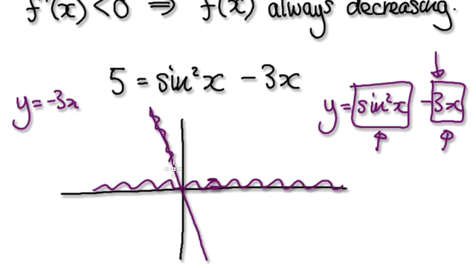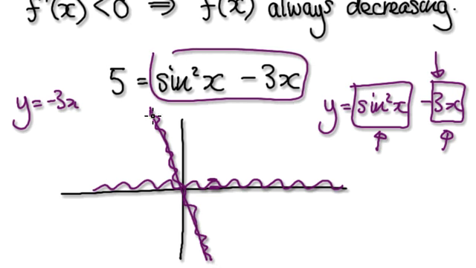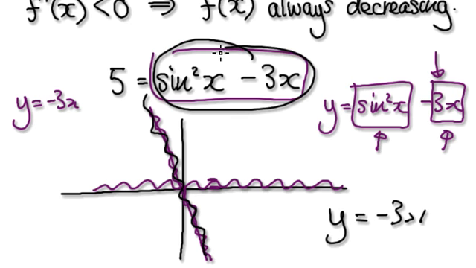It will just hover around here. Roughly speaking, this graph will just hover along y equals minus 3x. So you can have a rough understanding of this graph. Okay.